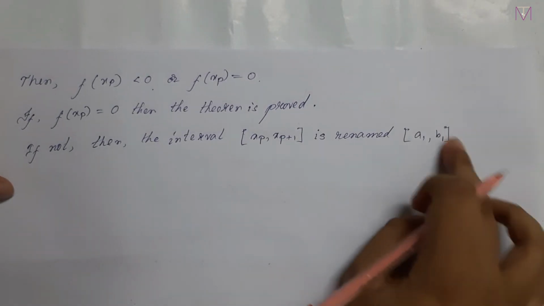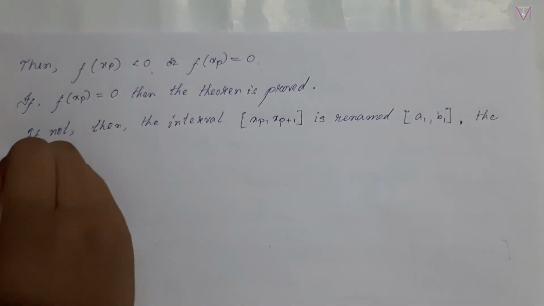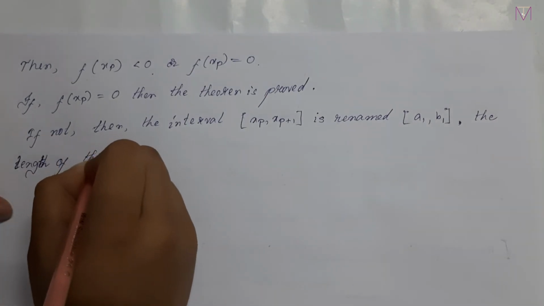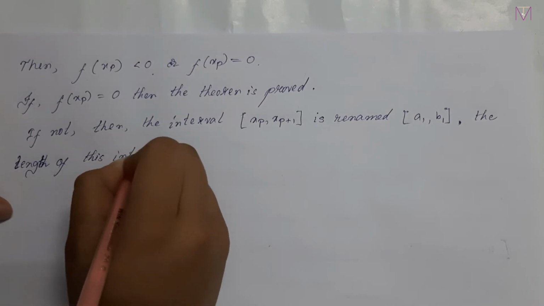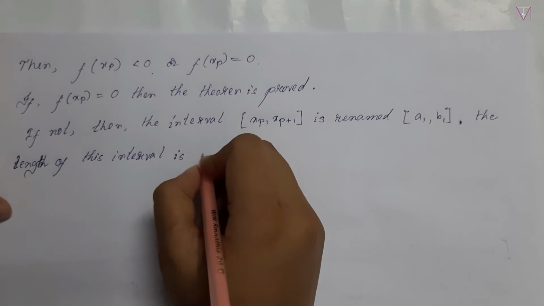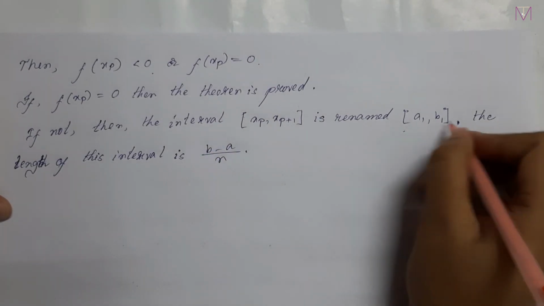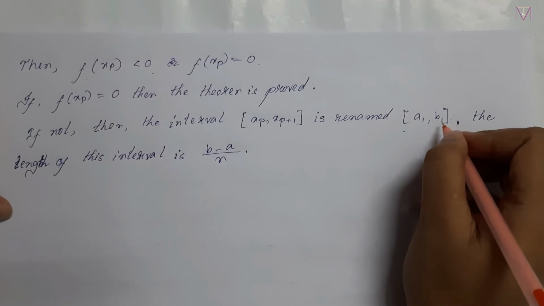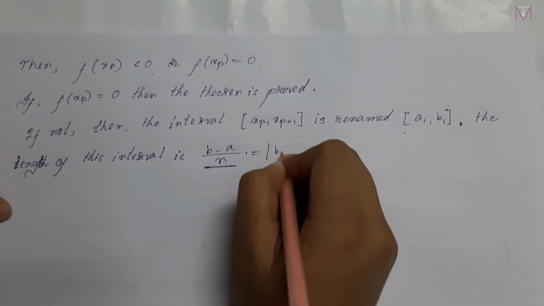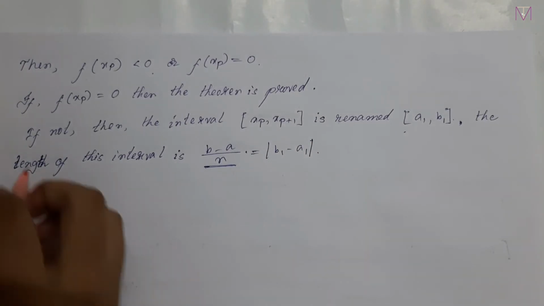Now we will divide this, and the length of this interval is b minus a by n. Obviously this was a subinterval of ab, so it will be the length of a1 b1.